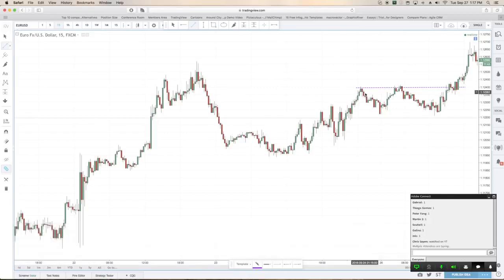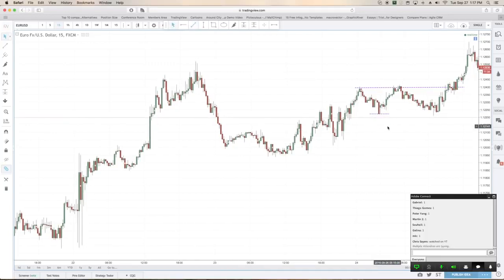All right, take a look at this one right here. If I draw this as my support, is that correct? No, because that's not the place where the market held.